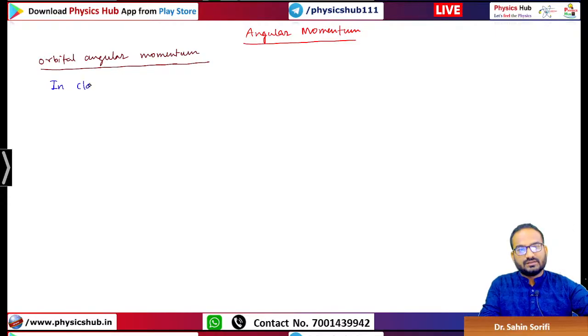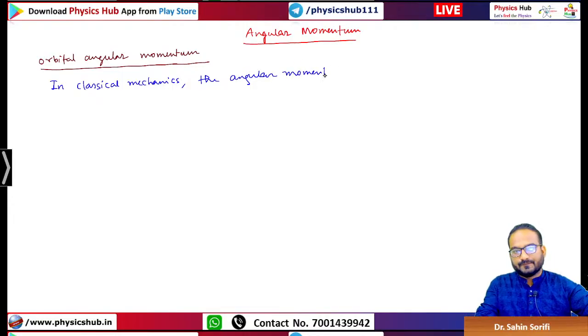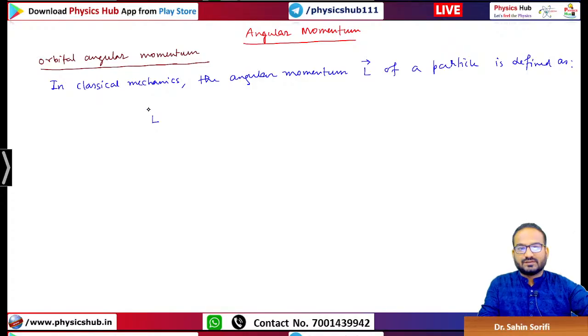In classical mechanics, the angular momentum L of a particle is defined by this relation: L equals r cross p. Okay, r is the position vector, p is the momentum.